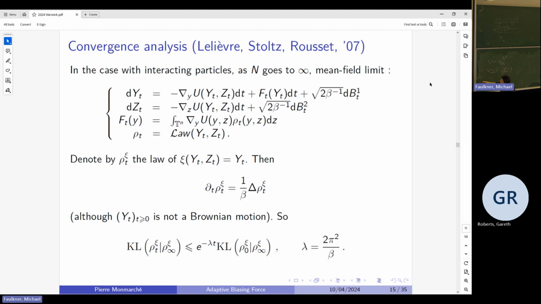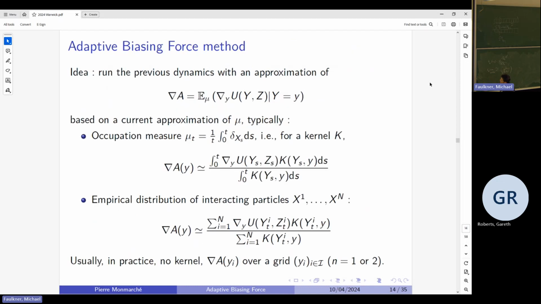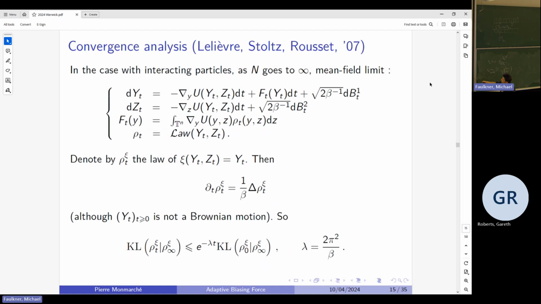We have again this Langevin dynamics where there is a bias. The bias depends on time, because it is the conditional expectation of this force with respect to, again, the law of the particle. And the law of the particle here, the particle is yz. So you have a process whose bias depends on its own law. So you have a McKean-Vlasov process, a nonlinear process.